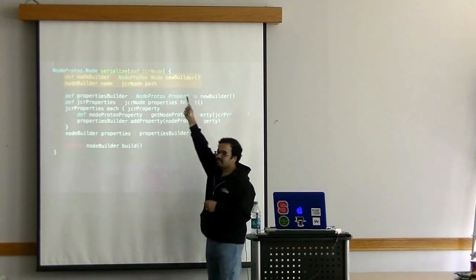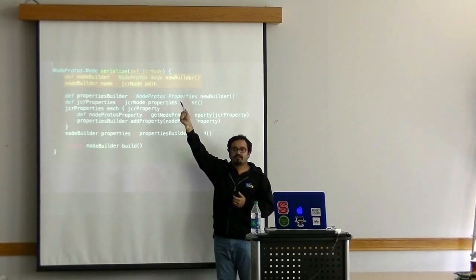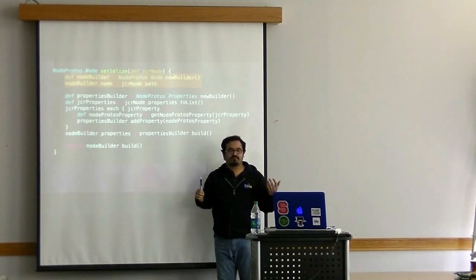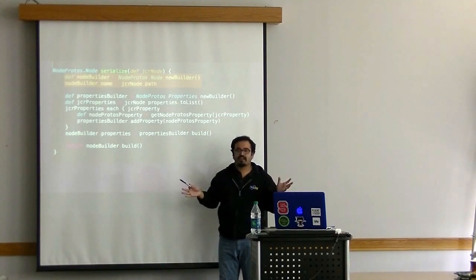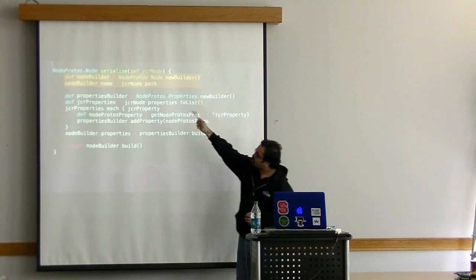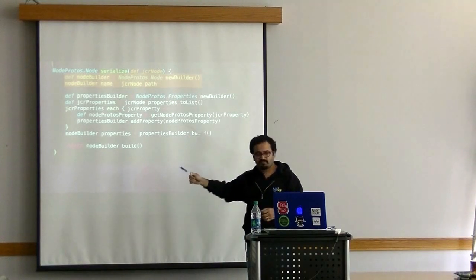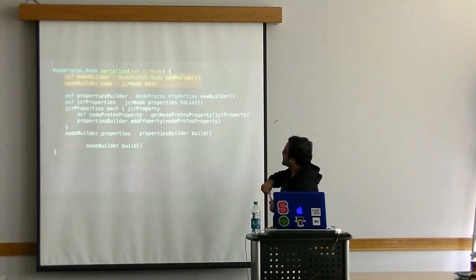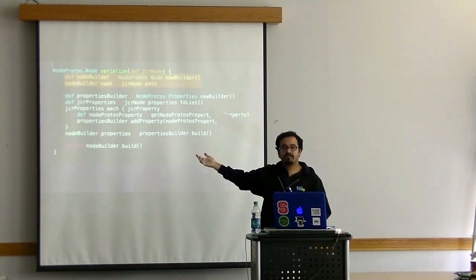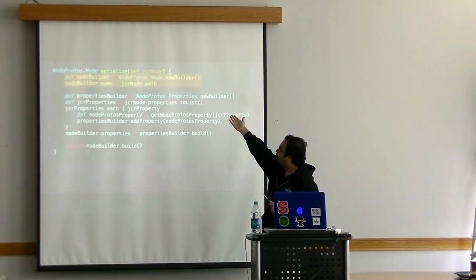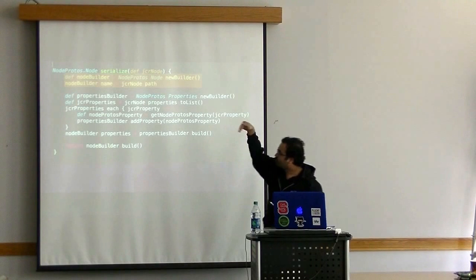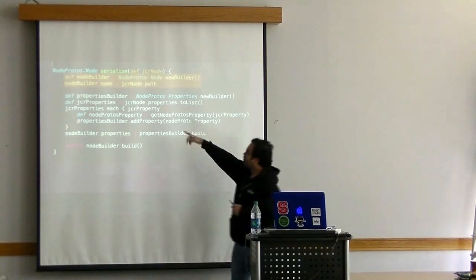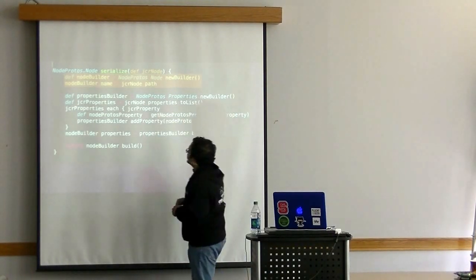It basically creates APIs for you, in other words, getters and setters and builder factory methods to create these programmatically in a nice manner. That's what the first two lines over there are saying. It's going to say, create a new node builder, and it gives you a new builder instance that you can start populating. So you do node builder.name equal to JCR node.path.